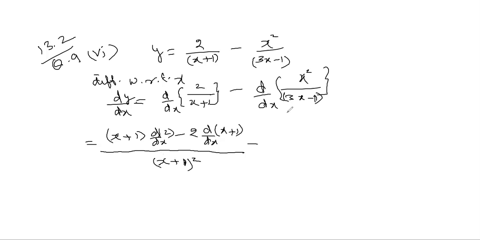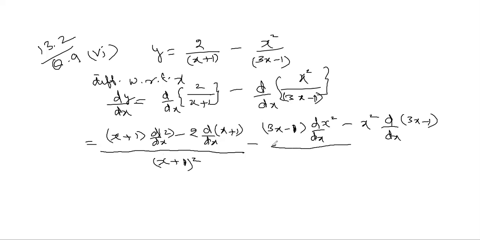Similarly, write the next function: leaving the denominator 3x minus 1, differentiate the numerator d by dx of x square, minus x square d by dx of 3x minus 1, and this whole part is divided by the square of the denominator function, that is 3x minus 1 whole square. Now differentiate. I am doing directly because we are having only 2 minutes.